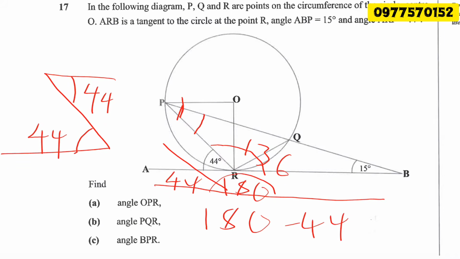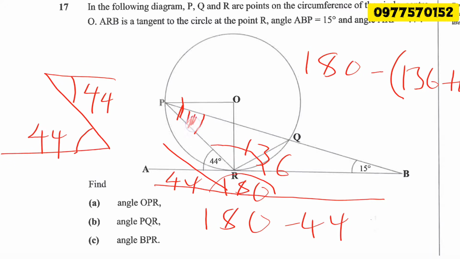Now we can use angles in a triangle. Are we together? So we can say 180 minus the sum of 136 plus, what is this angle? 15. By the way, this is a smaller angle here.